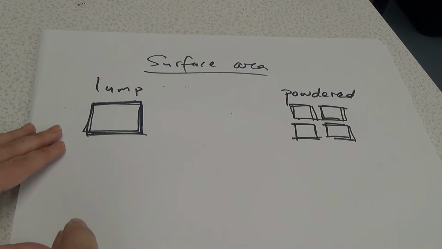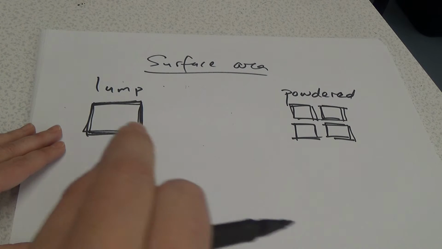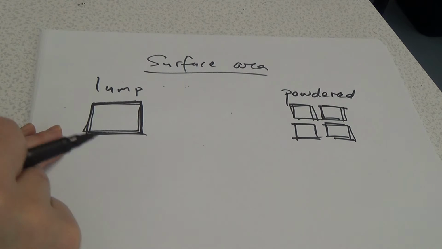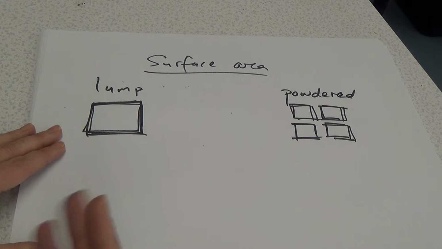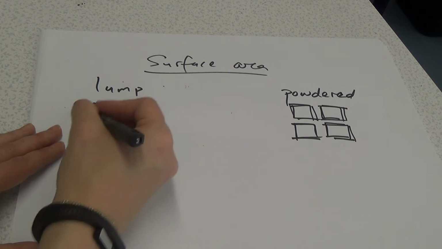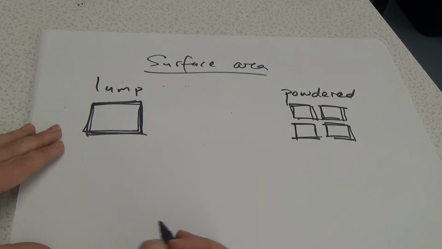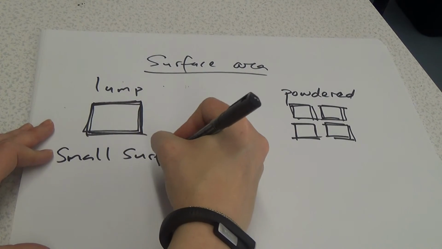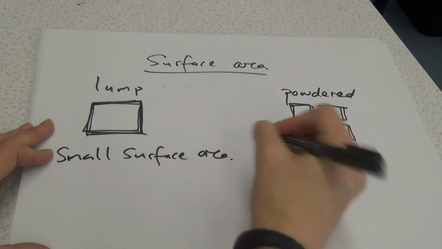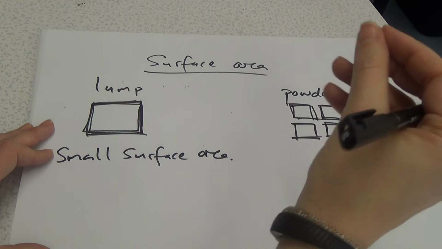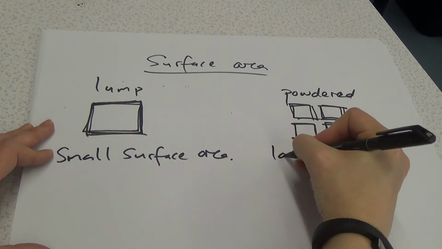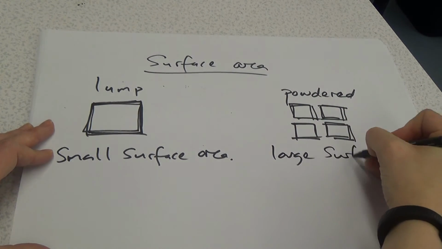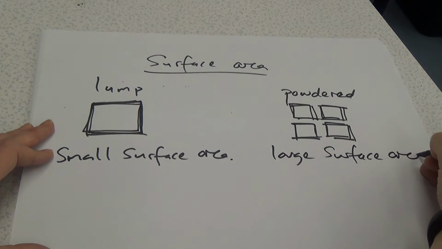So powdered chemicals are better than having it as one whole lump, and it's all to do with the surface area. Because we have less particles exposed, basically we have a small surface area. When you powder it, you break it down to tiny pieces, and suddenly you increase the surface area.